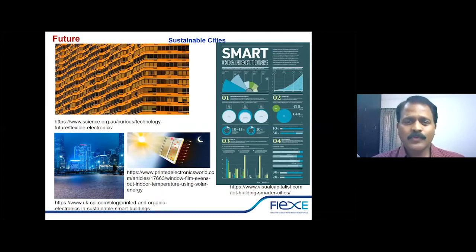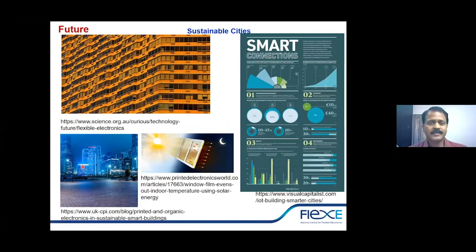Another work going on is coating these window panes with certain molecules that absorb the sunlight, store it, and then release the energy at a later time so that one can distribute the energy. And once that energy is taken from a natural source like the sun, it can be utilized for lighting of the buildings and the city.